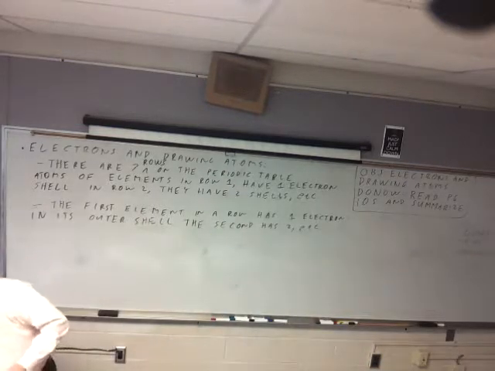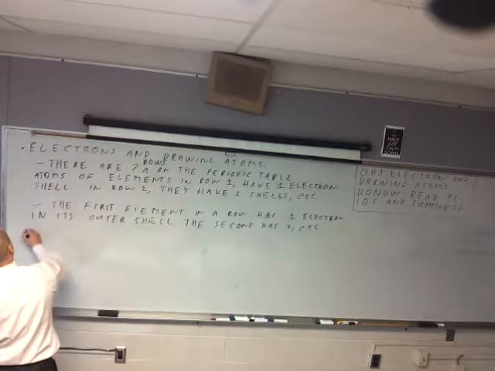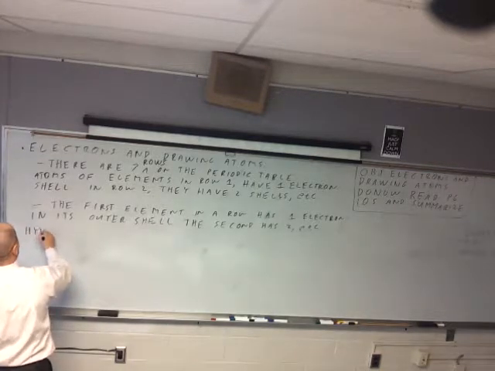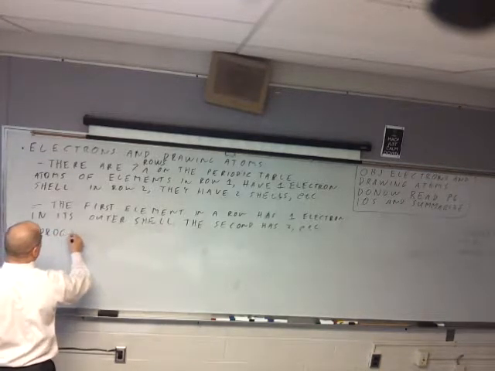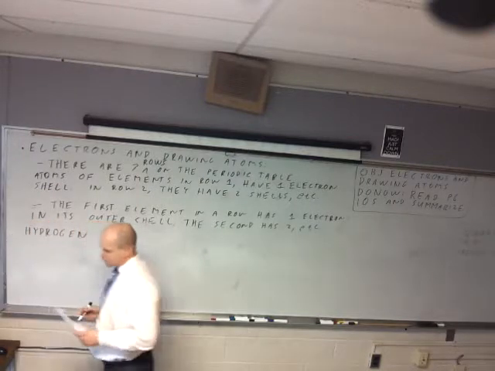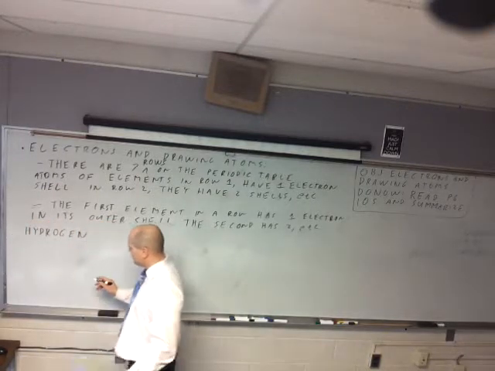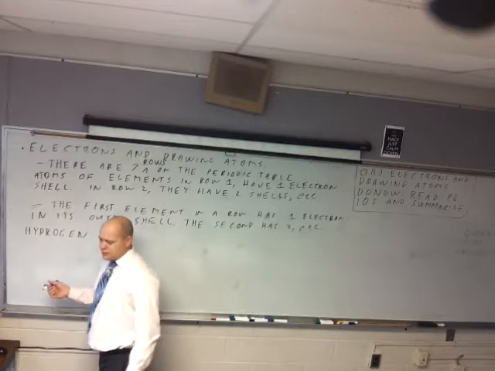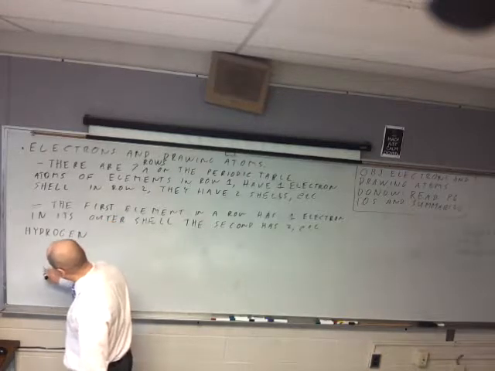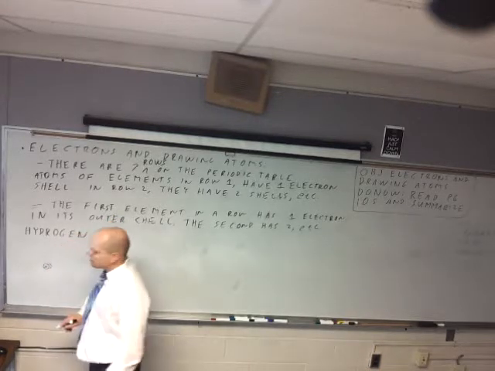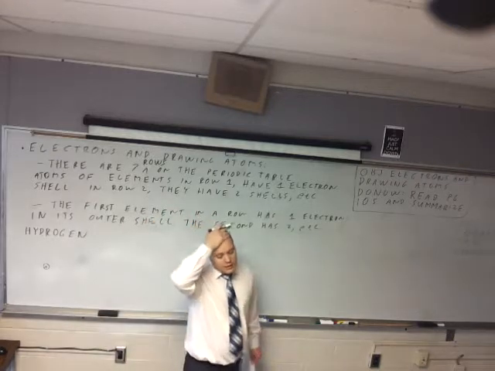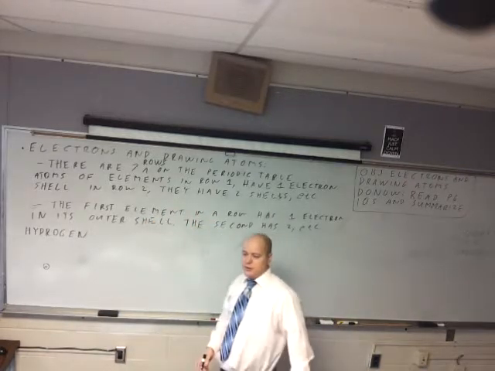Let's start with hydrogen. Hydrogen is atomic number 1. It's the first element on the periodic table. First, I'm going to draw the nucleus. Hydrogen has 1 proton, no neutrons. So in the center, I'm going to draw a little circle with a plus inside of it. That'll represent my proton. And then the question is, how many electrons and how many shells?